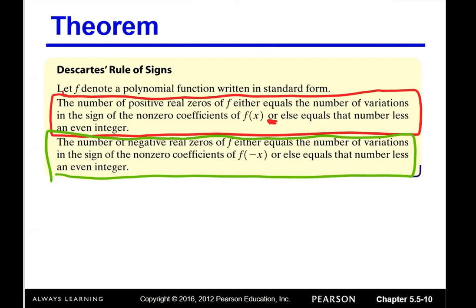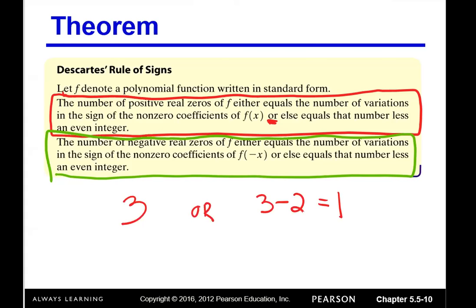The only even integer less than 3 would be a 2. So it's either 3 or it's 3 minus 2, which equals 1.